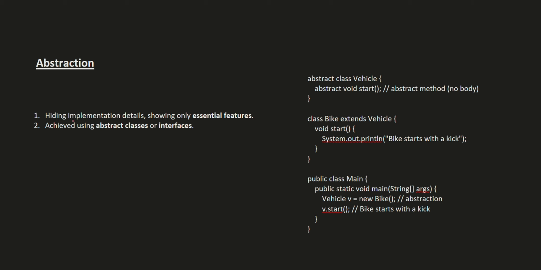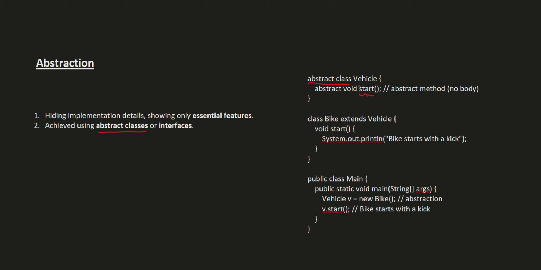Abstraction. Hiding implementation details and showing only essential features, achieved using abstract classes or interfaces. In this example, we'll achieve abstraction using an abstract class. So here's an abstract class which has an abstract method. This abstract method does not define what actually is present inside it.